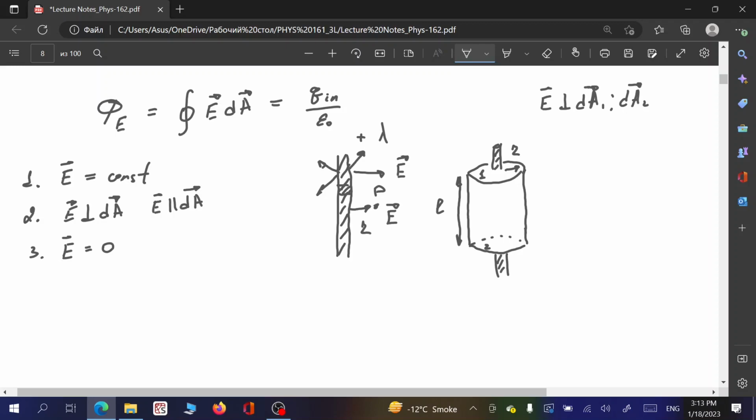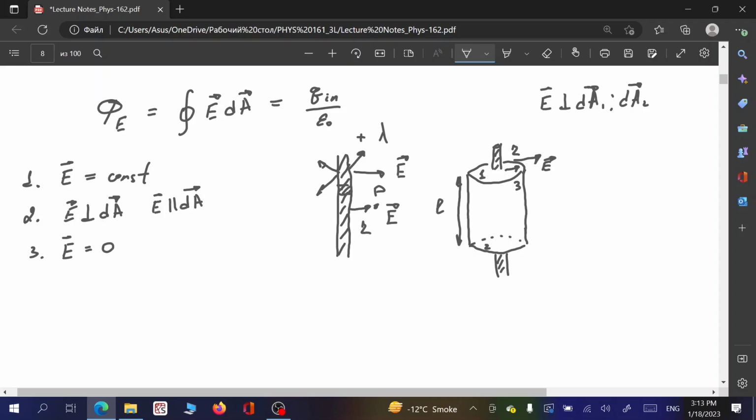Since it's perpendicular, it just goes in this direction. So this is the electric field vector. It will not create any flux through these surfaces. That's why we should consider only surface 3, which is the side surface of the cylinder.